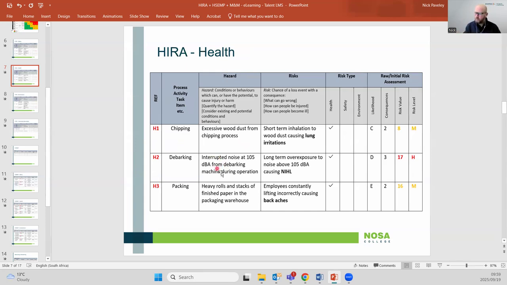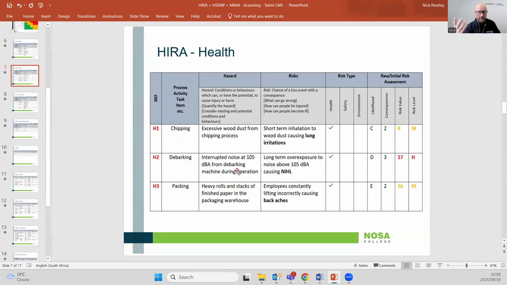If we look at H2, my hazard is that noise coming from that debarking machine. Now, I'm thinking practically here as a risk assessor. To minimize that noise from the debarking machine, that's going to be incredibly difficult. I mean, how are you actually going to do that? That debarking machine is the machine that's actually producing the noise.